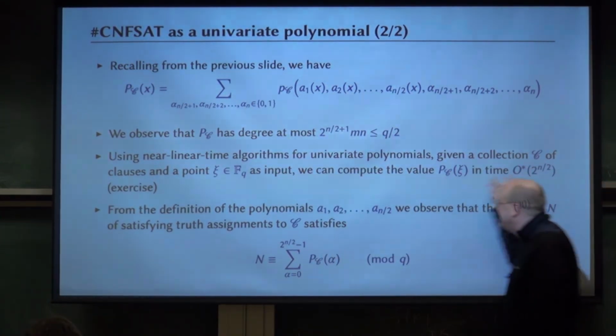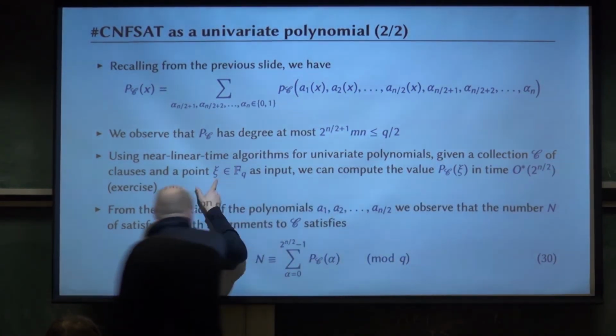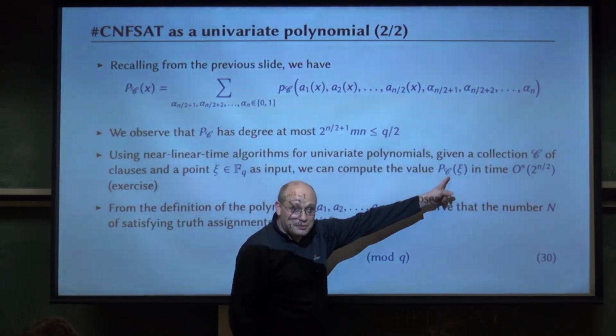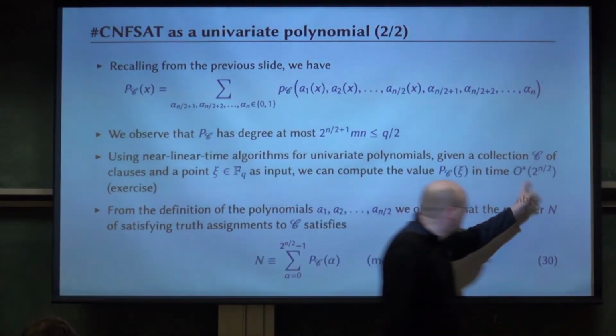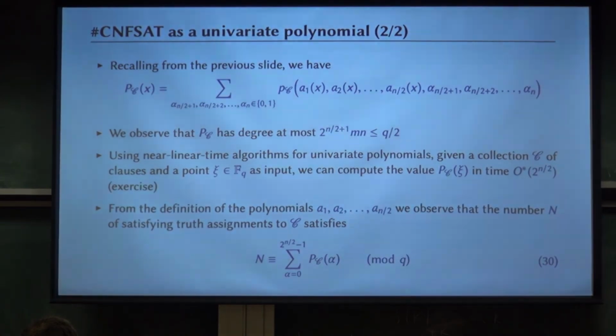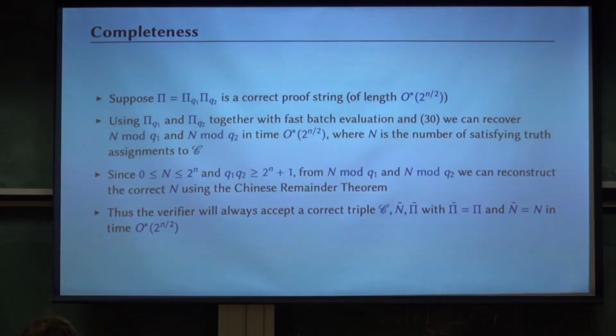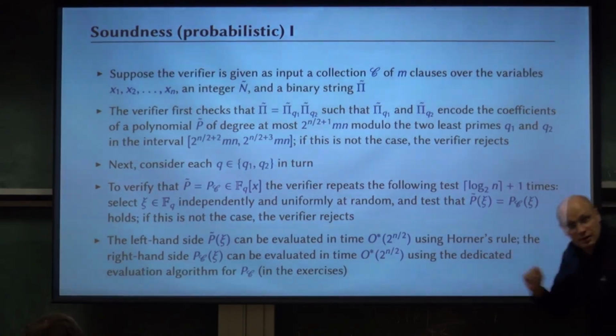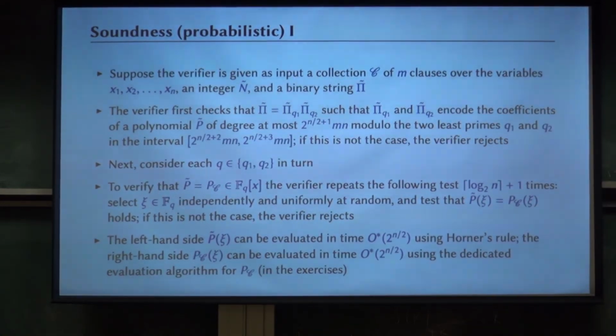Given any point xi, we can produce a value of the correct polynomial in the allocated time. So we can also produce the other side of the claimed equality within the relevant time budget.